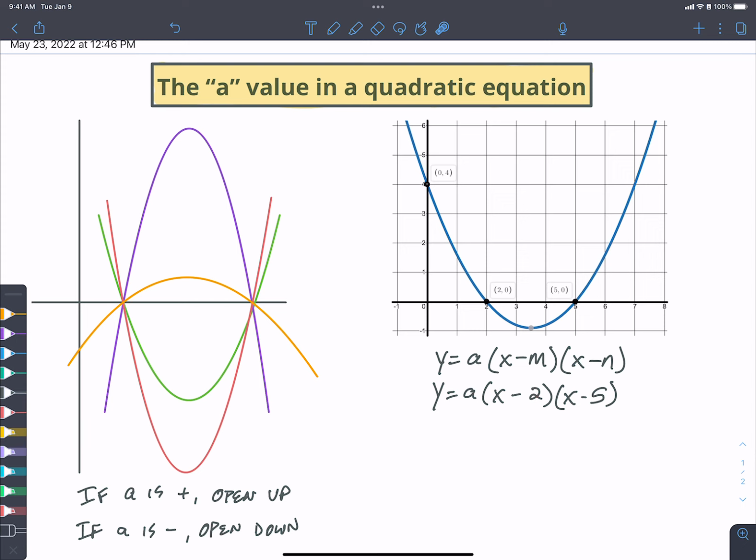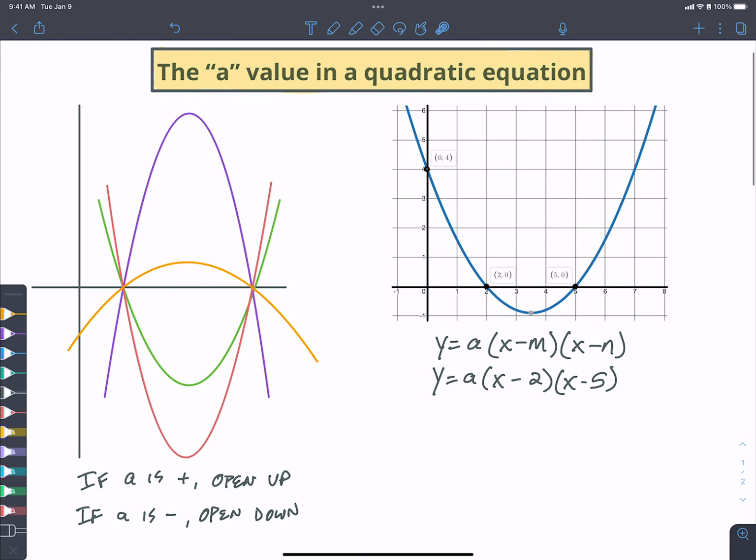But again, I could have an infinite number of parabolas that go through here. So how do I find out what this a value is? All I have to do is take another point that's not one of these two points, drop it in for my x and my y, and solve for a. We know from all the algebra we've worked on with linear equations that if you've got more than one unknown, you're never going to be able to solve the equation.